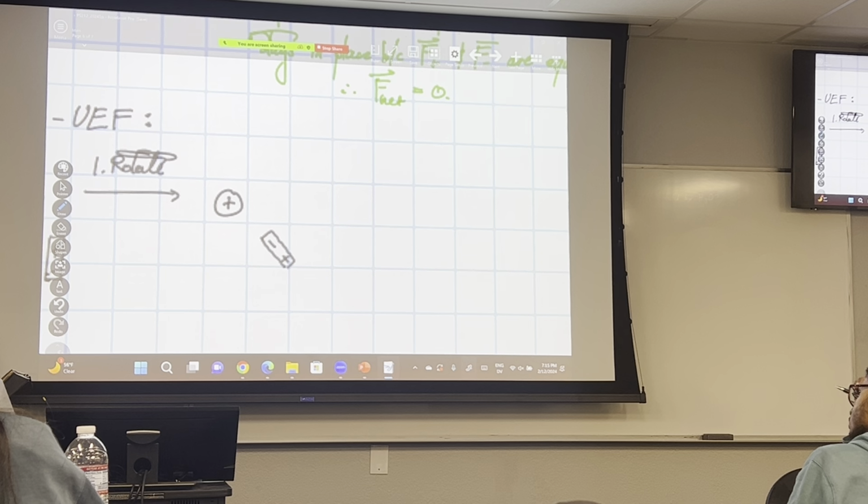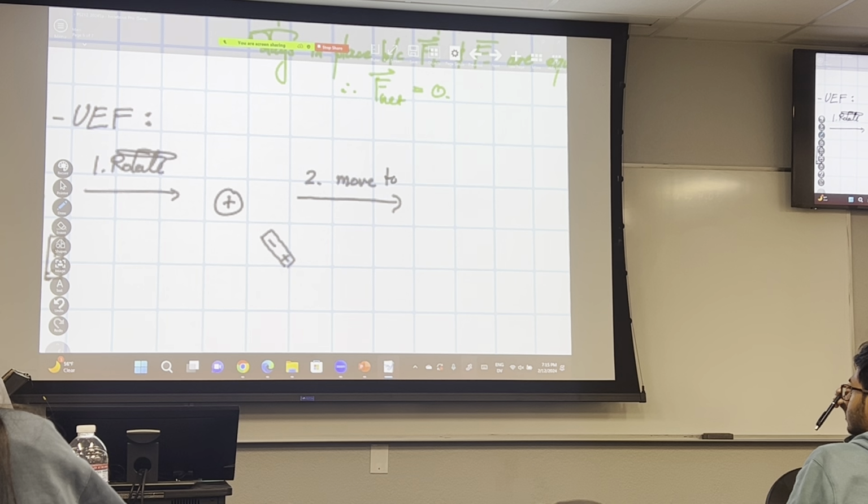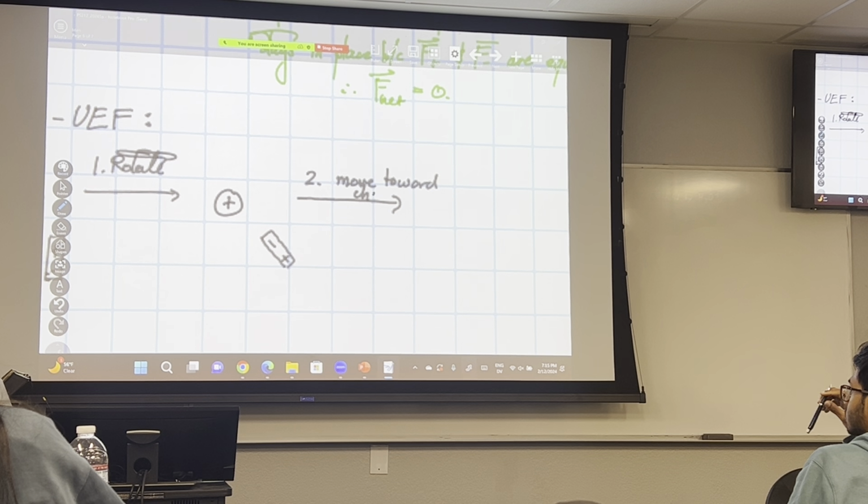Yes, and it has to do with the uniformity. So, Maddie, what you're saying is correct. I was looking for the rationale behind it. It will rotate and then it will move toward the charge.